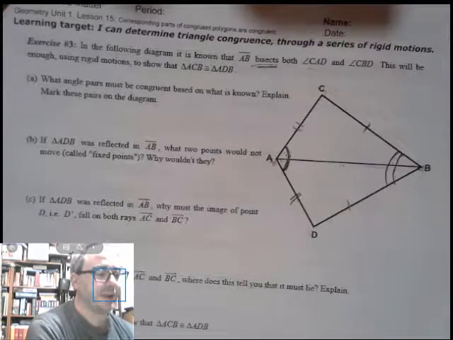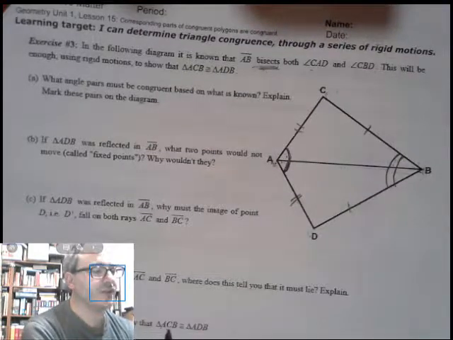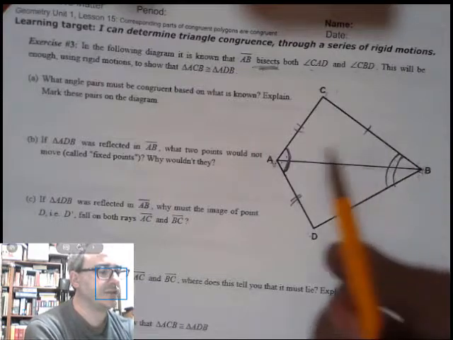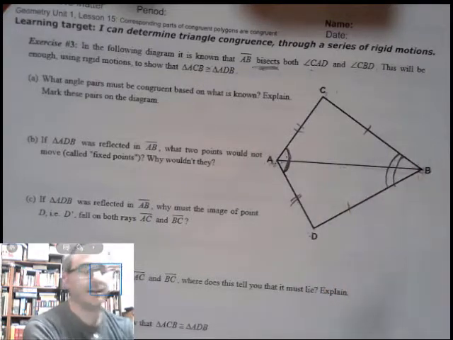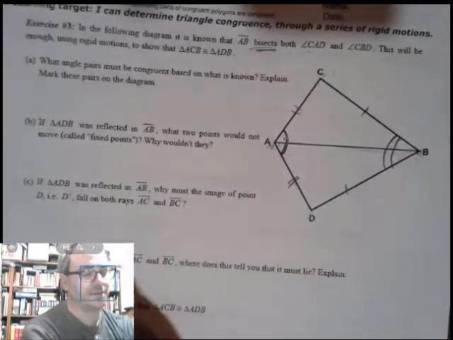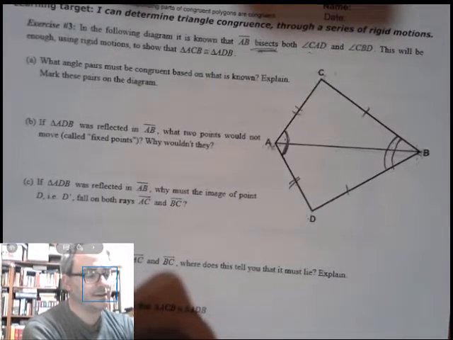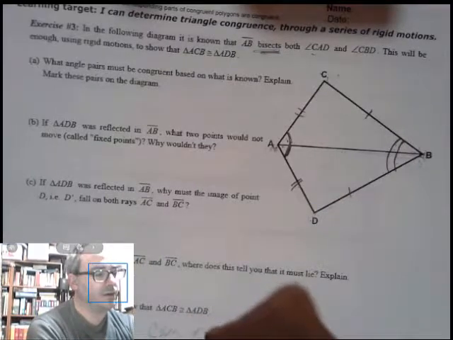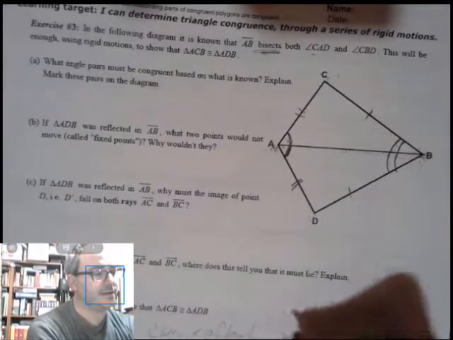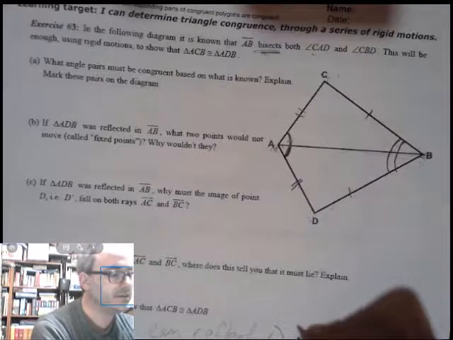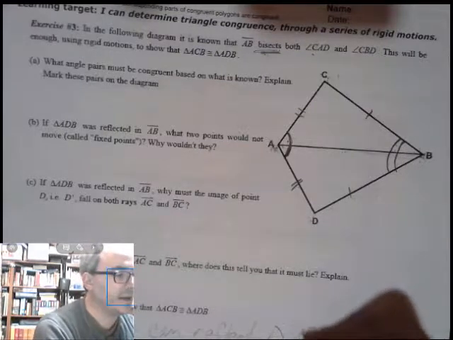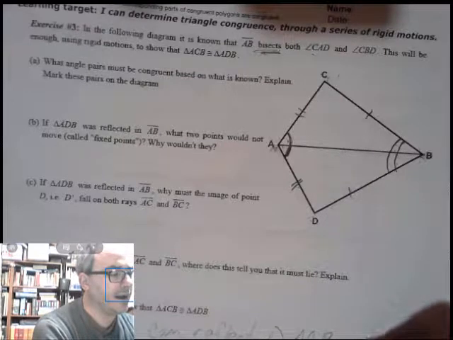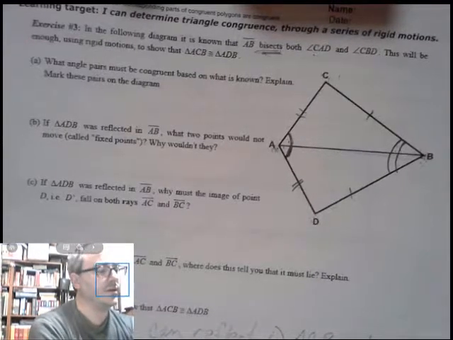And explain why we know that triangle ACB is congruent to ADB. For this to explain, it's because we can reflect triangle ACB onto, oh, actually, no, not onto.